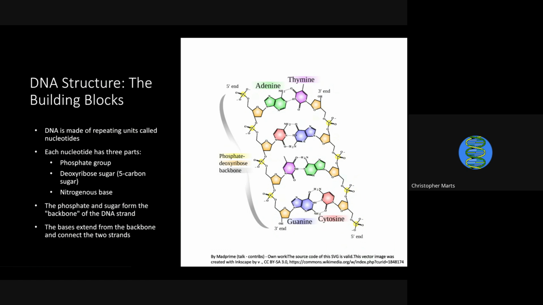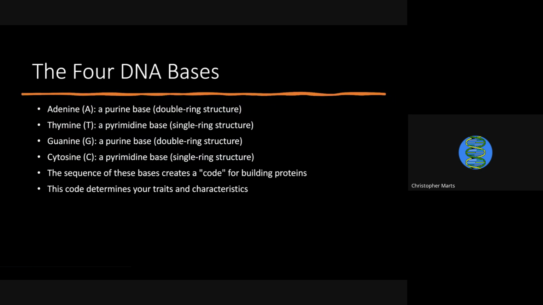When we're talking about DNA, we also have to talk about how it's structured, what it's made up of. DNA is these repeating units called nucleotides. Each nucleotide has a phosphate.